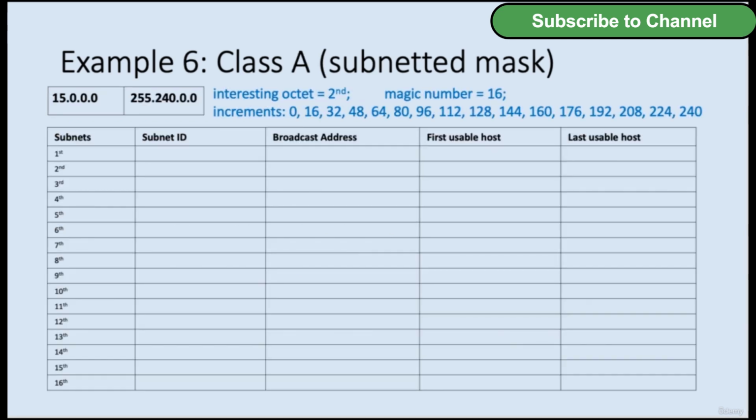Now we have to produce the 16 subnet IDs, 16 broadcast addresses, 16 first usable hosts and 16 last usable hosts. We will start from the subnet IDs. The first octet is 15 and the second one is the interesting octet, where I will use the first increment, that is 0, and the other two octets are 0. And for the broadcast address based on the subnet ID, I will use the magic number.